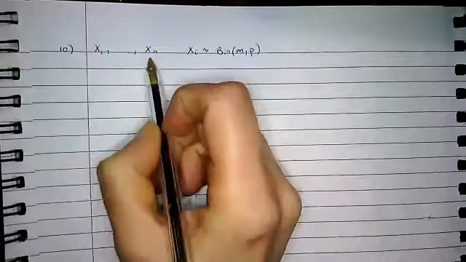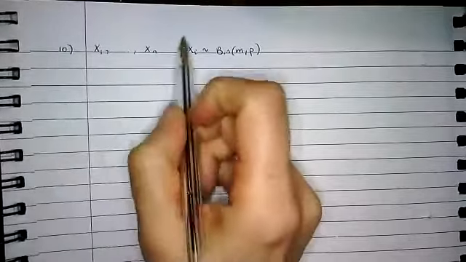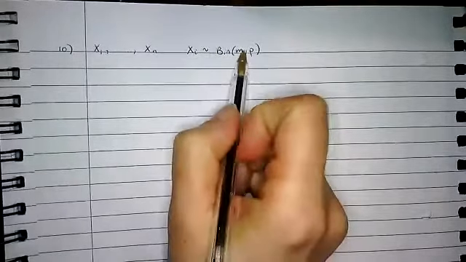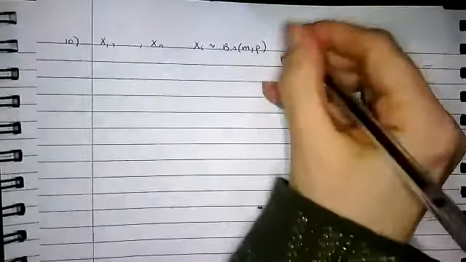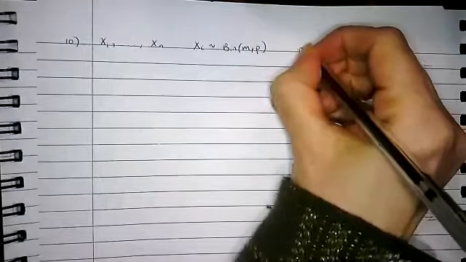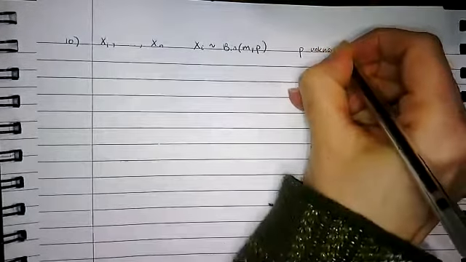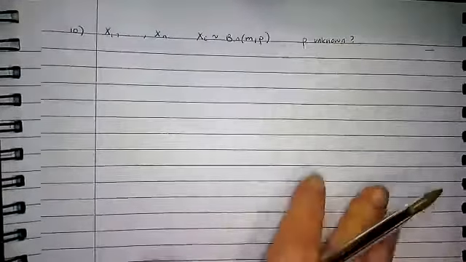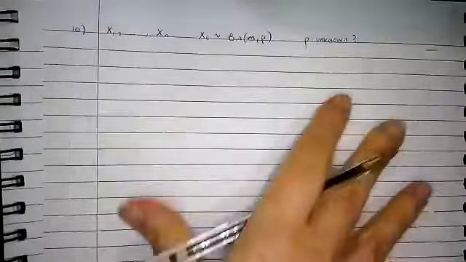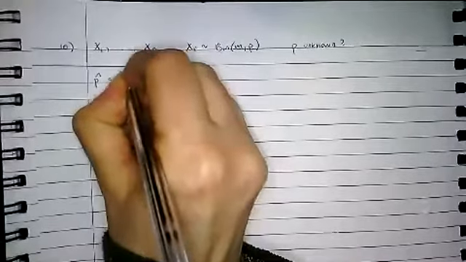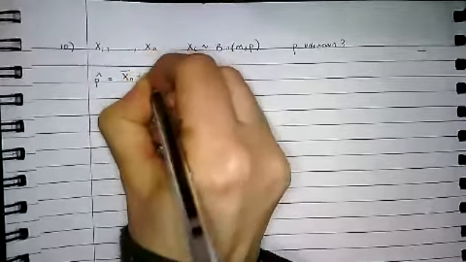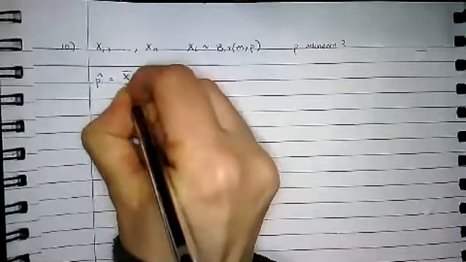And that's kind of important: n is how many of them there are, and each one of them is from a sample of m people. We assume that we don't know what p is. So we've got no idea what the probability of success in the general population is. And we've had this suggestion that we maybe use p hat, which is the sample mean plus 1, all divided by n plus 2, as an estimator.